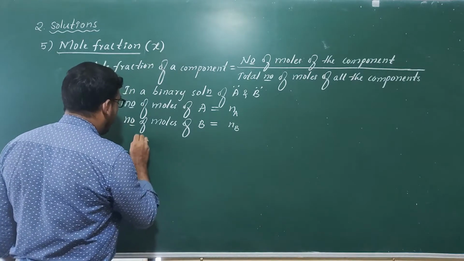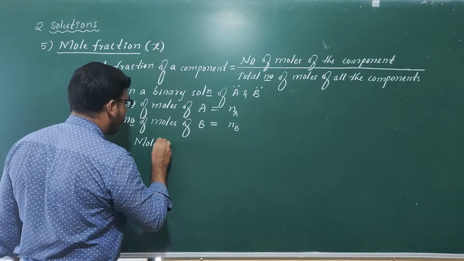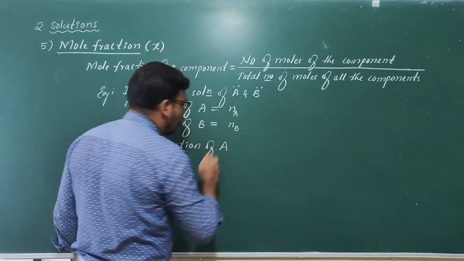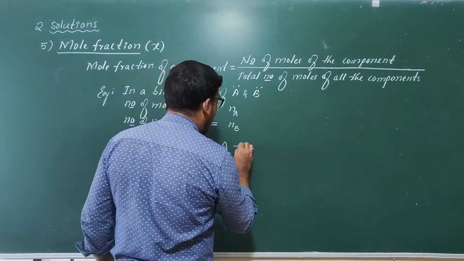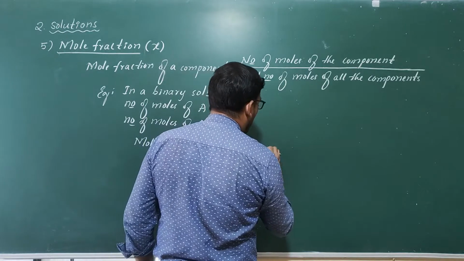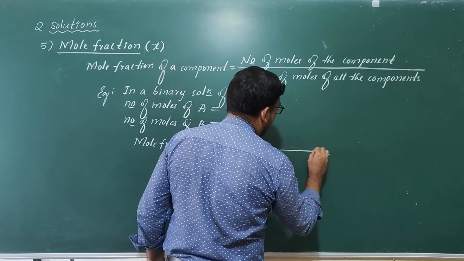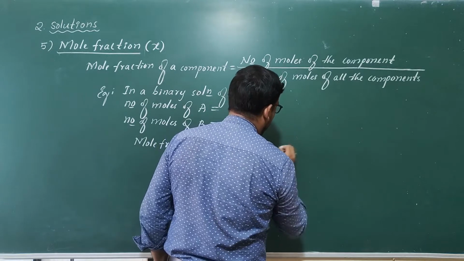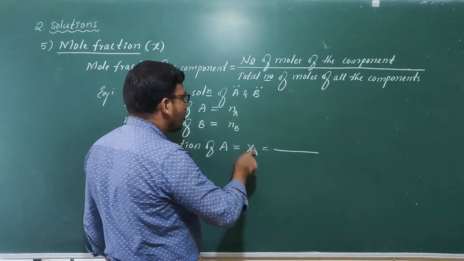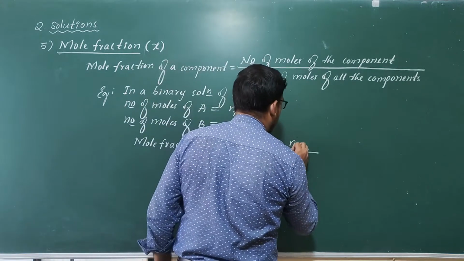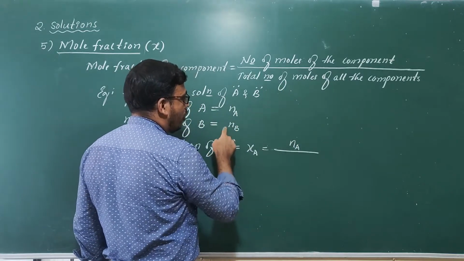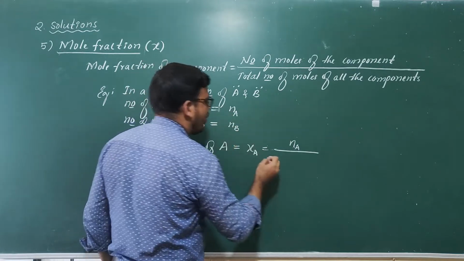So now we can calculate mole fraction of component A like this. Mole fraction of A can be represented as X subscript A, Xa. So that is equal to number of moles of the component. See the definition, number of moles of the component. So what is our component? A here. So number of moles of the component means it is Na, divided by total number of moles of the components, and we have two components. So Na plus Nb we have to do now.